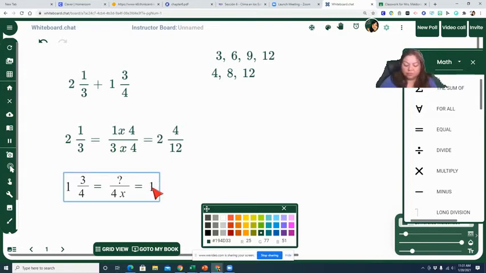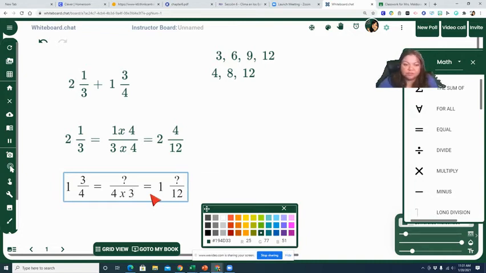I still don't know what my numerator will be, but my denominator needs to be 12. So 4 times what number equals 12? 4 times 3, right? If I multiply 4 by 3, I can get 12.